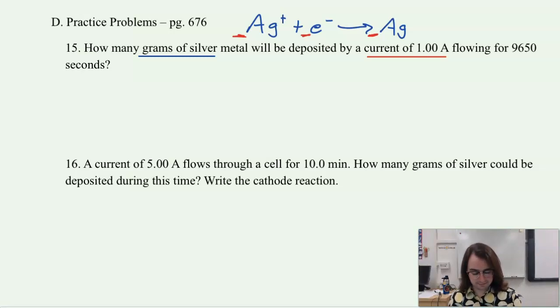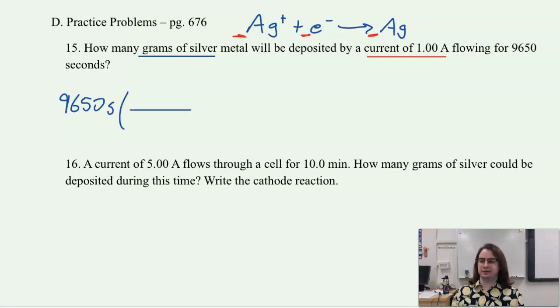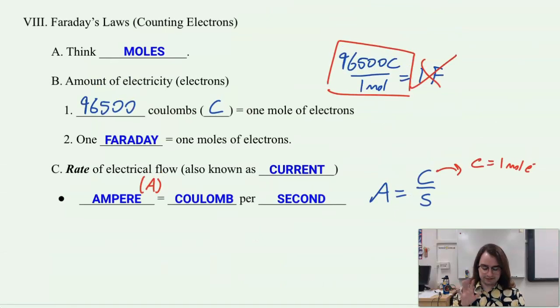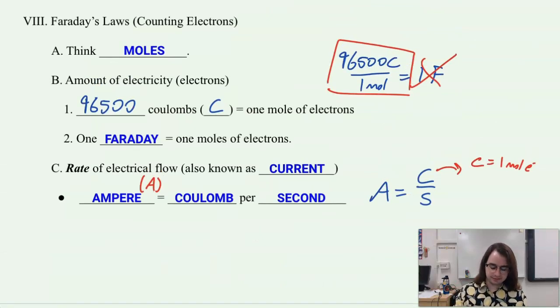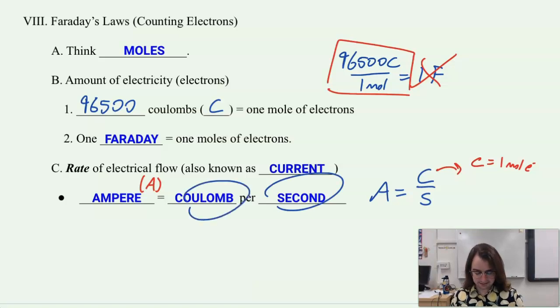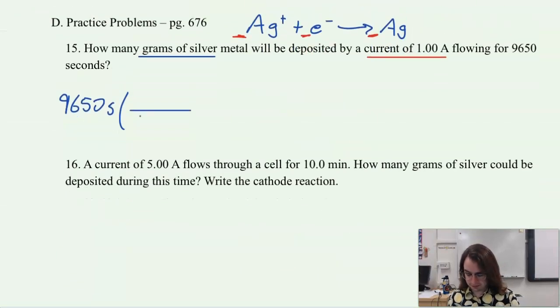So we're going to start by using the seconds. This is 9,650 seconds. Let's think about the relationships that we have. We have seconds and coulombs. That's right here, coulombs and seconds. So I know that for every 1 second, I have 1 coulomb.